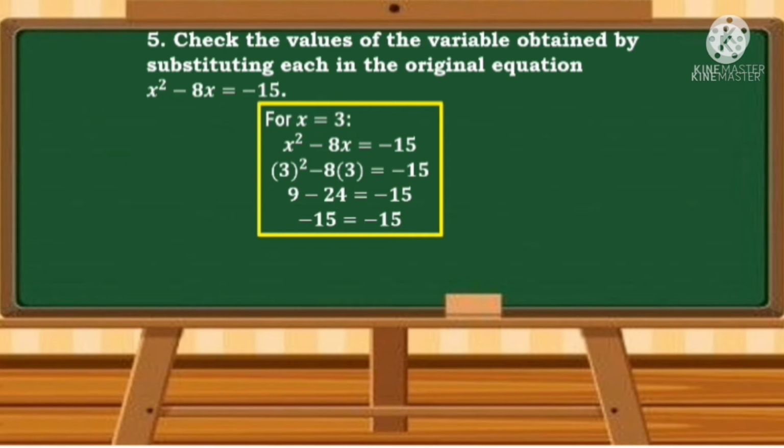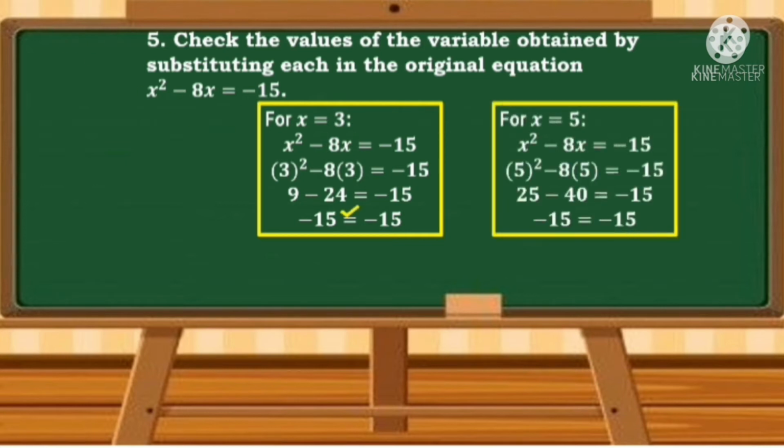Then bring down negative 15. So 9 minus 24 equals negative 15, which is equal to negative 15, and that is correct. For x equal to 5, we have 5 squared, 25, 8 times 5, 40, bring down negative 15. So 25 minus 40 equals negative 15, which equals negative 15, and that is also correct.